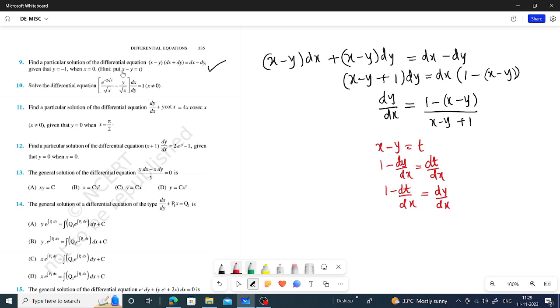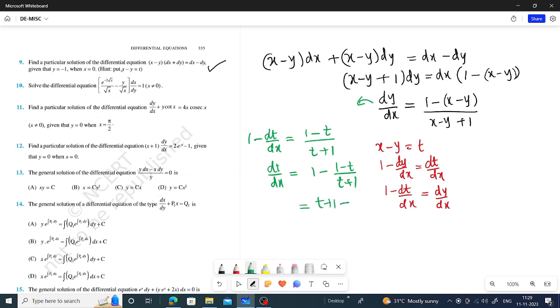Now we go for substitution. So here we substitute dy by dx can be written as 1 minus dt by dx, and here also you can substitute 1 minus t by x minus y is equal to t plus 1. Okay, now dt by dx is equal to, we bring this to the right hand side, 1 minus (1 minus t) by (t plus 1). Let us simplify.